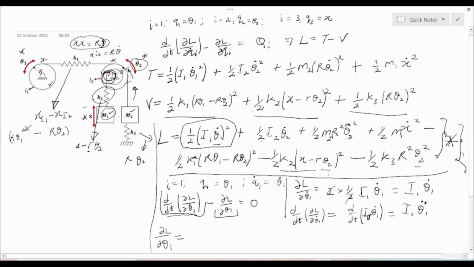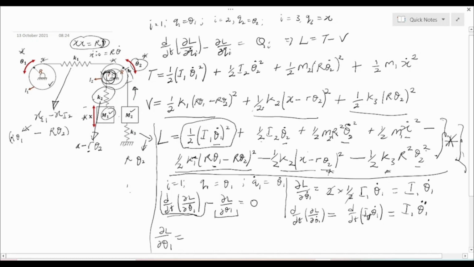The second term has θ2 dot, no θ1. The third term has θ2 dot, no θ1. The fourth term has x dot, no θ1. The fifth term has θ1, so we're going to differentiate that term. The sixth term has no θ1, and the seventh term also has no θ1.